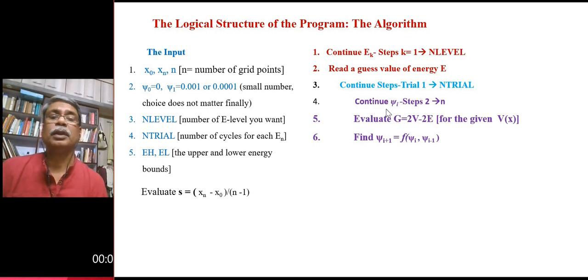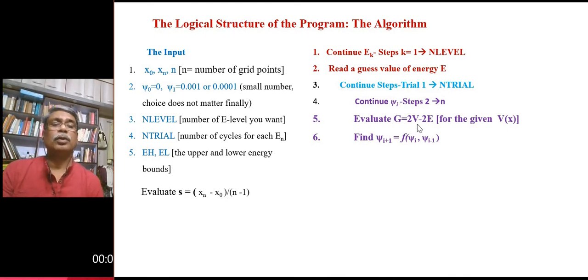The purple colored continue or do is over the psi i step, because you now have to evaluate the psi value at different x values. So psi 0 and psi 1 are given, so you start from 2 to the nth point. After getting psi, you can evaluate g.